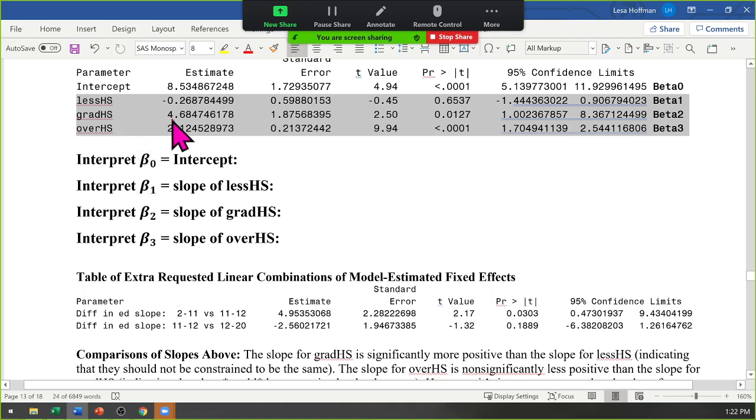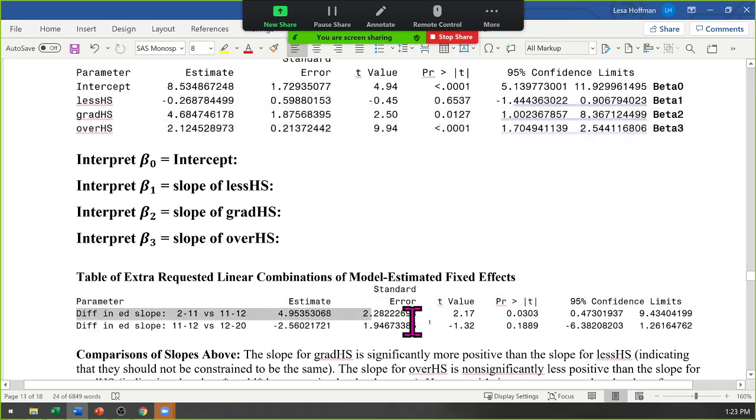So I am going to make a hypothesis test as to whether or not these slopes are different from each other. The hypothesis test that I have highlighted right here is each slope against the other. I am asking, is this number that was estimated at minus 0.27 different than the slope that was estimated at 4.6? Are those numbers the same or not the same?